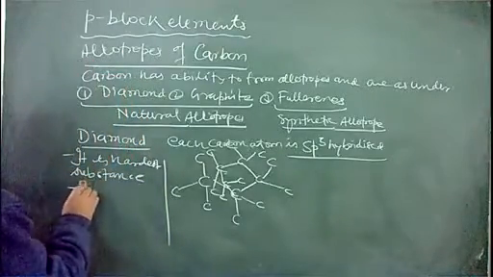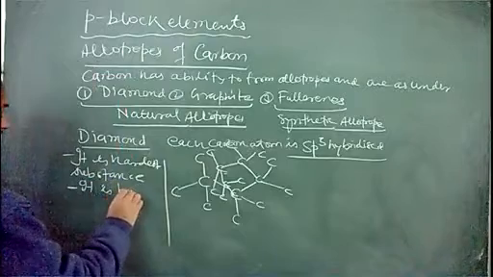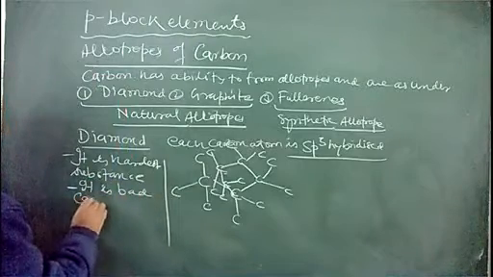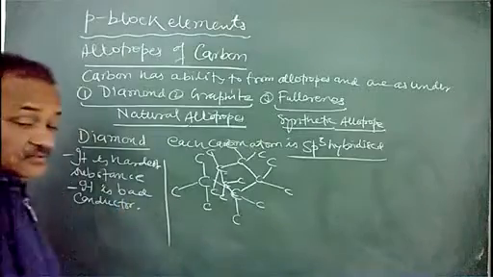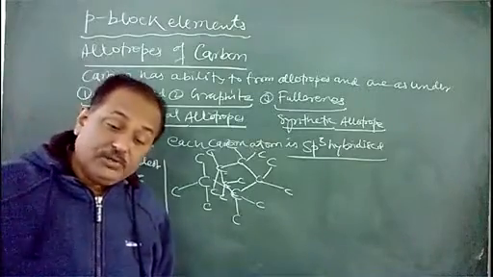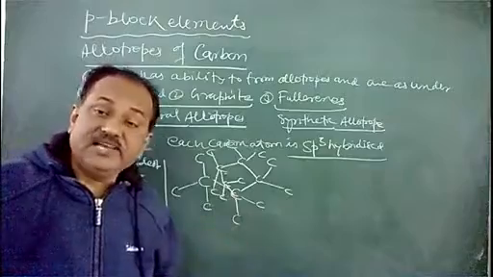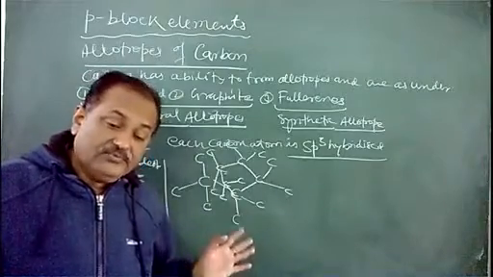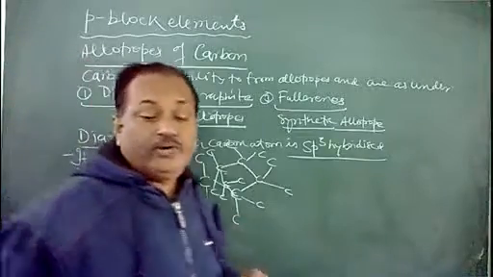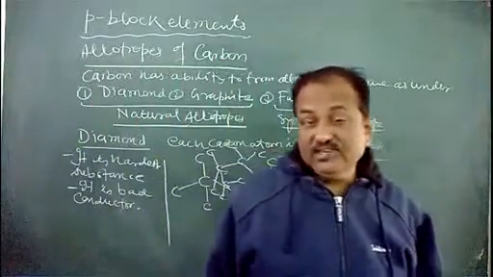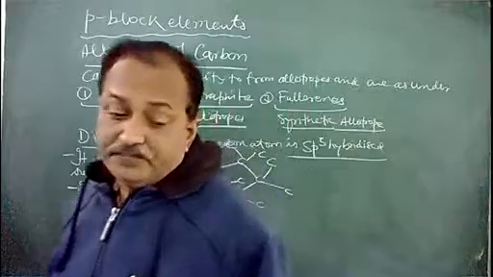Second, it is a bad conductor of current. Why a bad conductor? Because all the 4 electrons have been consumed in the process, and so no electron is left, children.